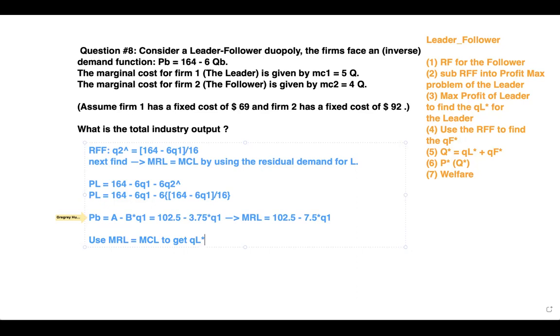And so let's go ahead and you all do that, and also get QF star. Okay, so now you all can do all of the remaining steps, and there shouldn't be any issue.